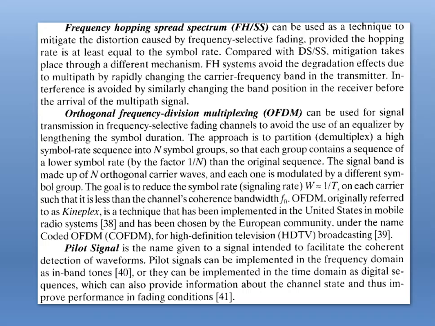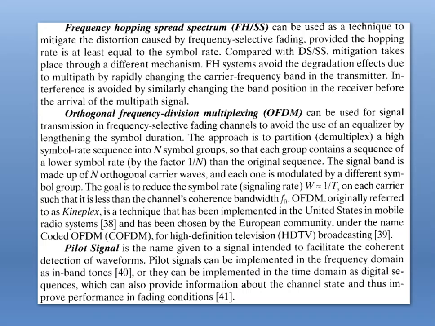A lot of research is going on in this part using OFDM. OFDM is an important multiplexing technique to avoid frequency fading in the channel. That's why there is a lot of research scope in OFDM on the transmitter side as well as the receiver side.